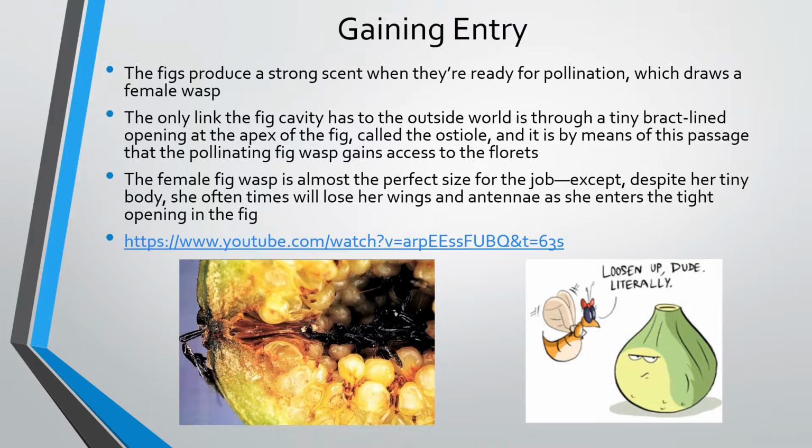Once she's in, she's going to lay her eggs and then she's going to die. That's her whole life cycle as well. After she leaves the fig she was born in, she finds another fig and lays her young, and then she dies as well. This whole process is probably about a 2 month lifespan.